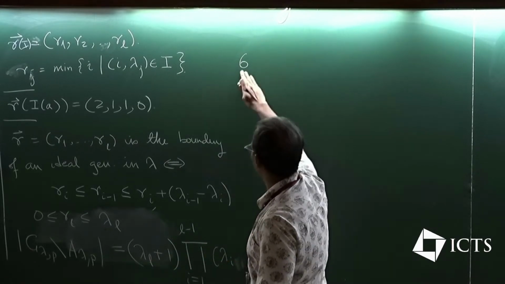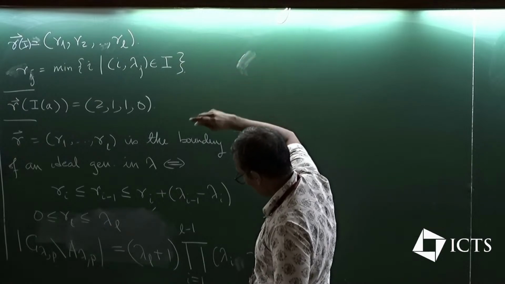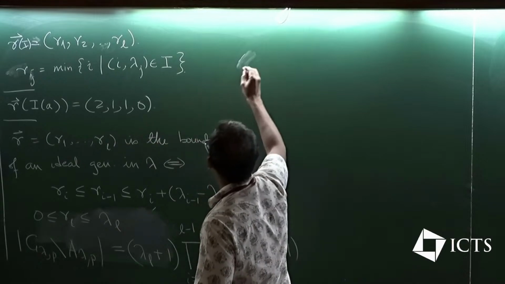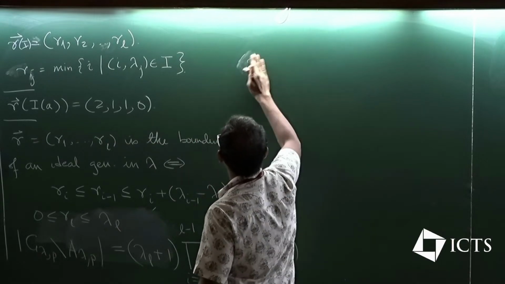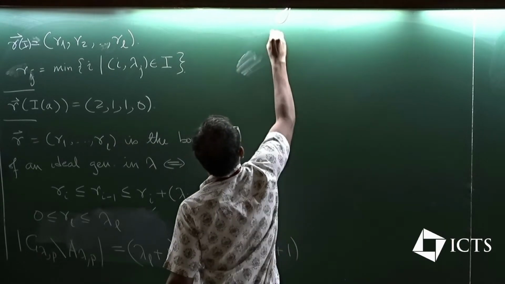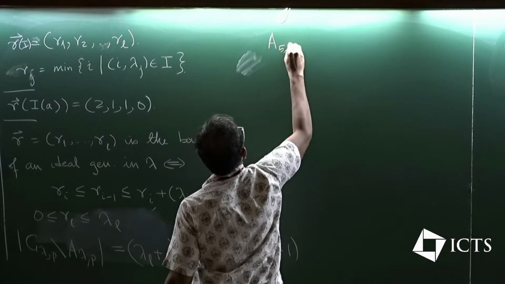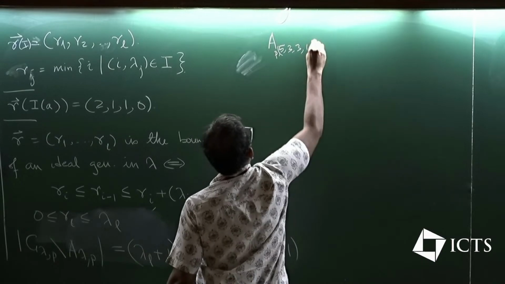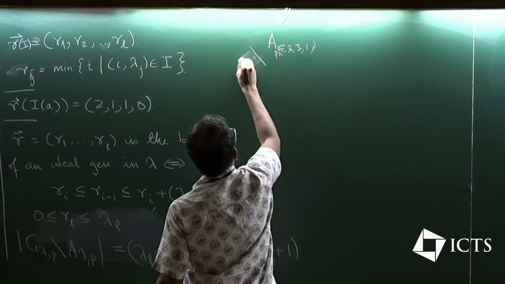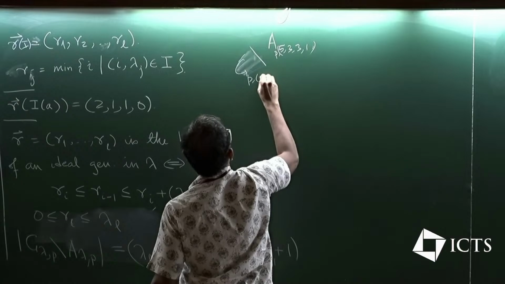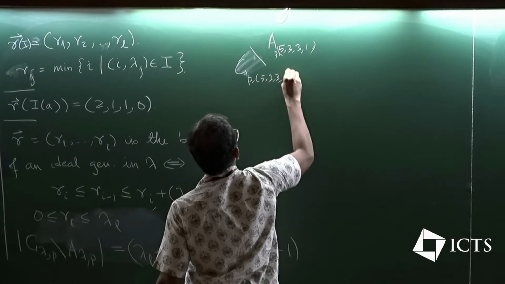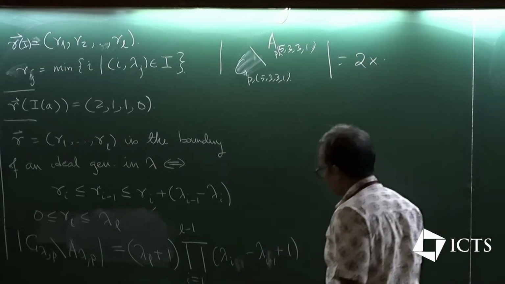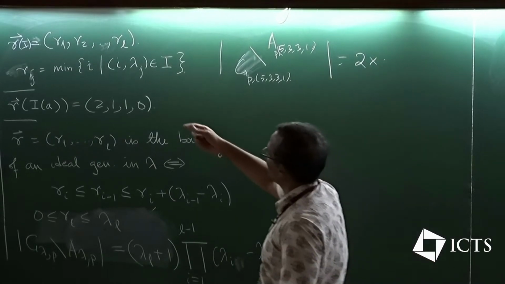Oh, yeah, I keep getting lambda L. Okay, yeah, we're starting with the last one. So it's 1 plus 1, that's 2. So A 5 3 3 1 mod G P 5 3 3 1 is 2 into, okay, and then the next thing is we just take the difference between the successive things.